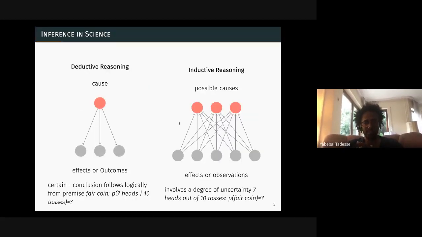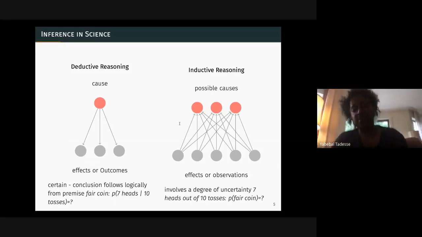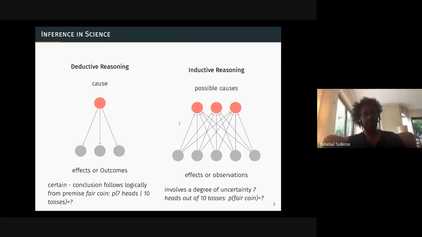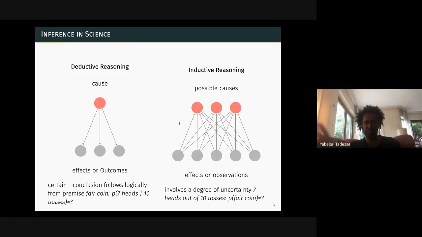So there are inferences. As I said, there are two types of reasoning in human reasoning, and there could be more, but from my perspective and my knowledge, there are two. There's deductive reasoning and inductive reasoning, okay? What does that mean?